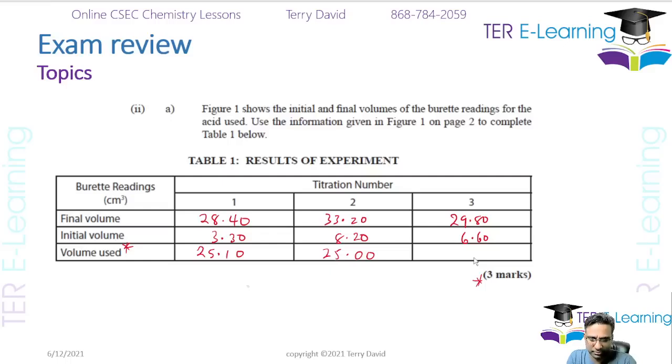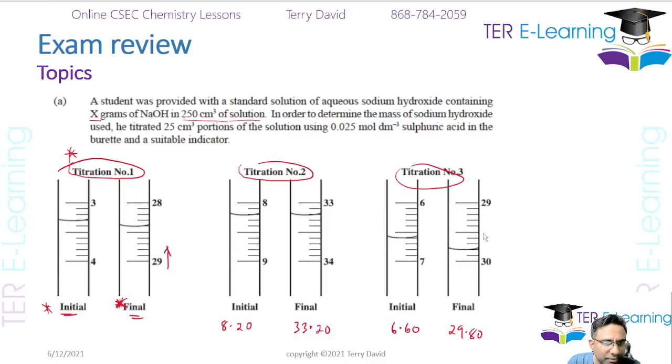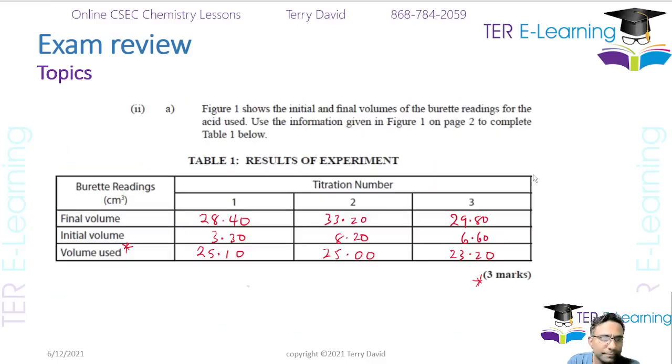Sorry. We just double check our last value here, and something is looking not too right. That's 6.6 and 29.8, right? So 29.8 and 6.6.